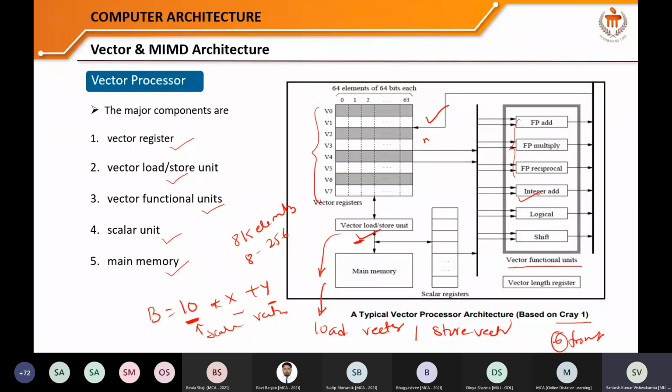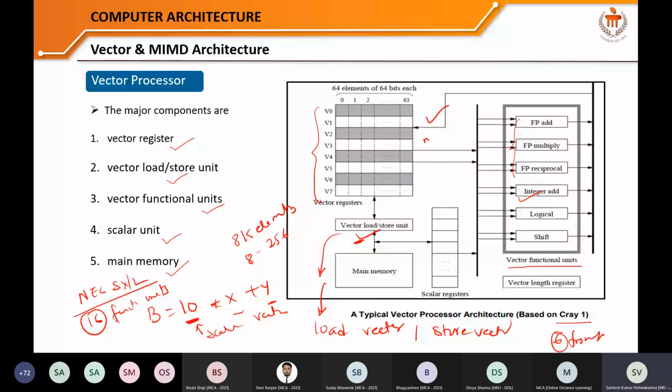In case of other systems like NEC SX2, it consists of a total of 16 functional units. What are those 16? 4 shift units, 4 integer add or logical, 4 FP add, and 4 FP multiply divide.